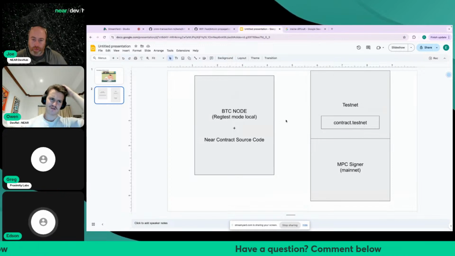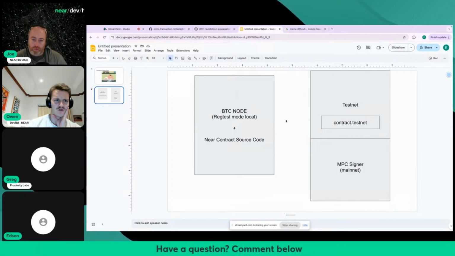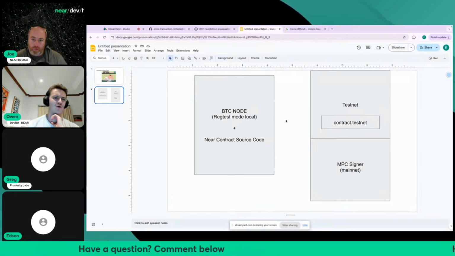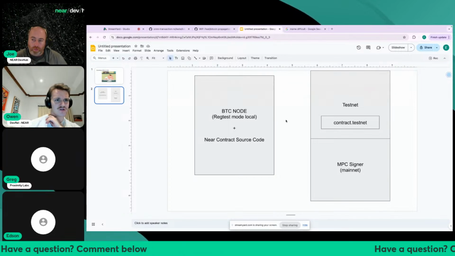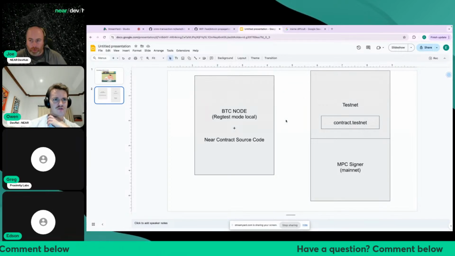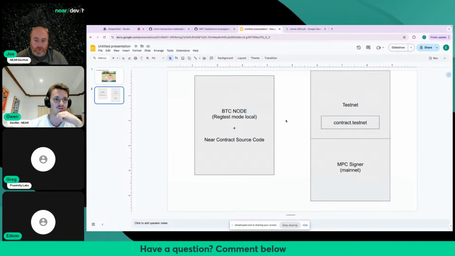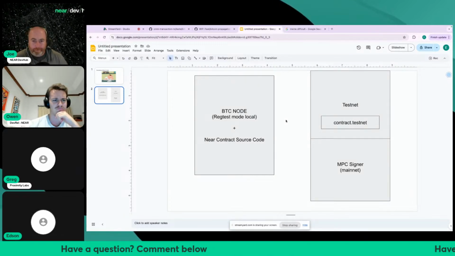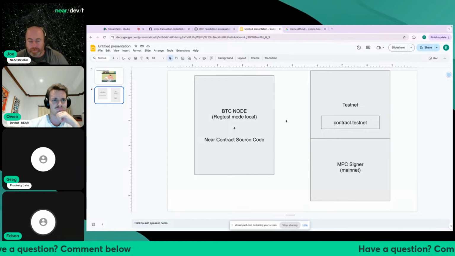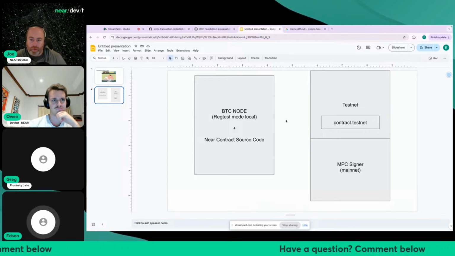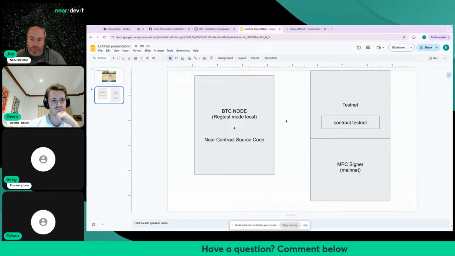But maybe what you were trying to say was how much needs to change to go from this local node to real Bitcoin. Is that what you were saying? Yes. Nothing. I like this environment because this is the closest thing to reality.